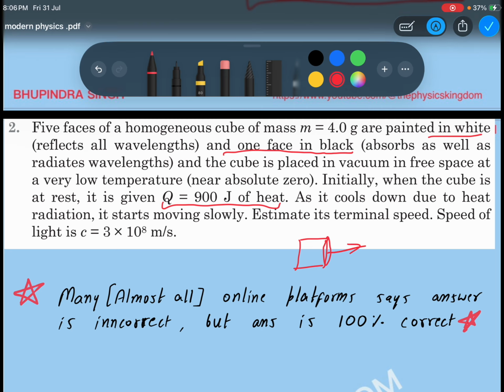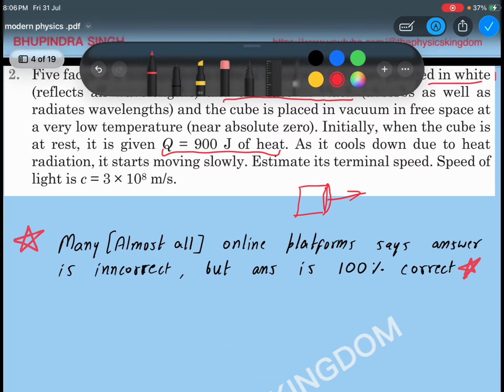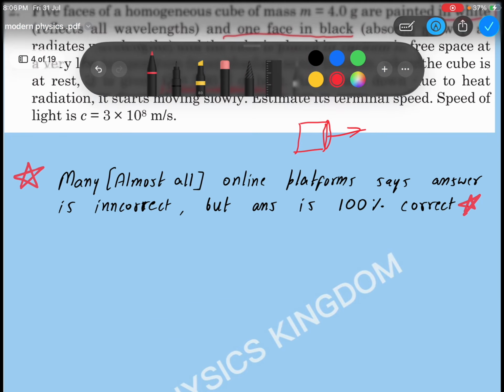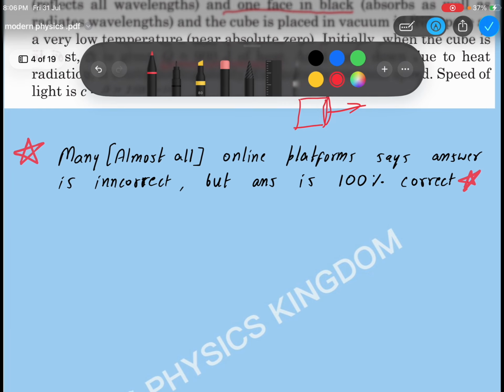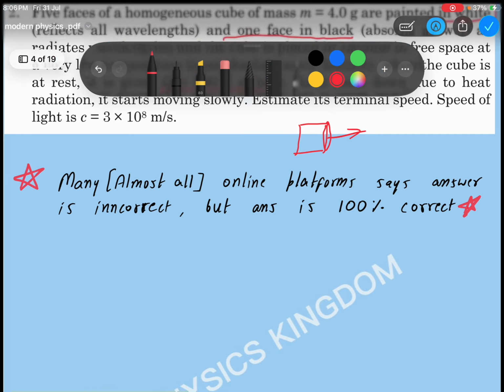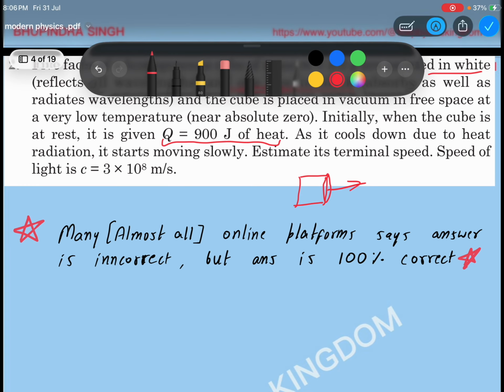The solution of this question is a little bit long, because I'm trying to solve this question from different angles. So you need to note down what I tell step by step. Many concepts I will also tell in this question. One face is painted black, so radiations are coming out from here.